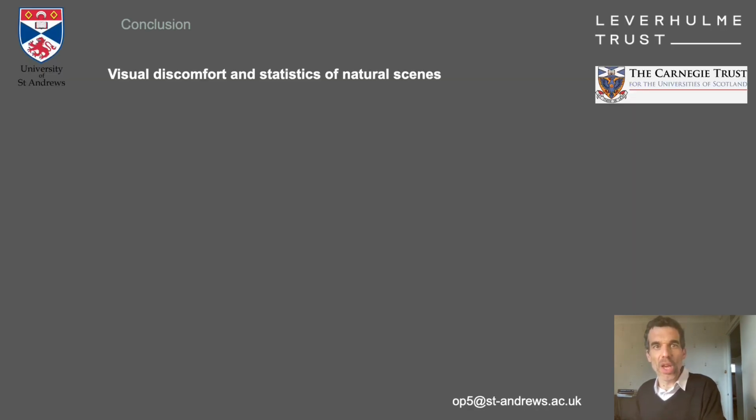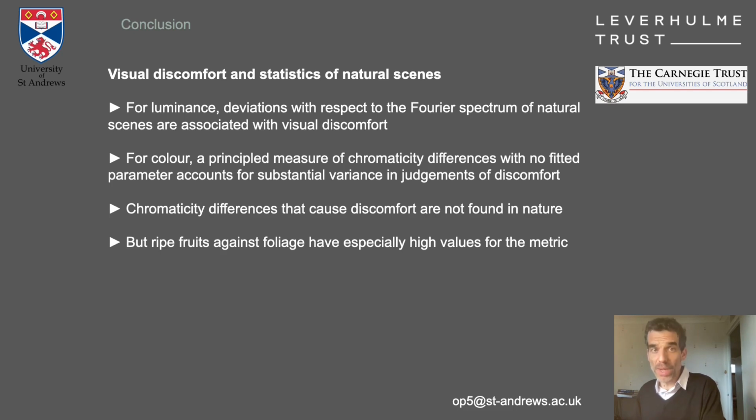So, we have seen that understanding the statistics of natural scenes helps us understand visual discomfort. For luminance, deviations with respect to the Fourier spectrum of natural scenes are associated with visual discomfort. For color, our principal measure of chromaticity differences with no fitted parameters accounts for substantial variance in judgments of discomfort.